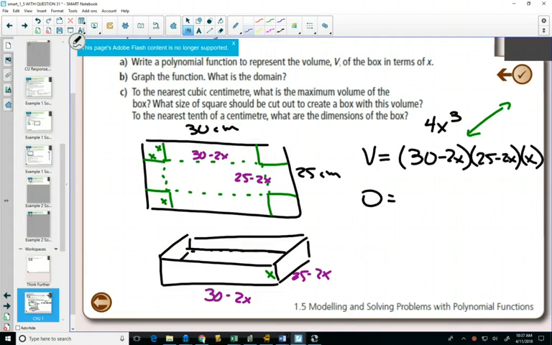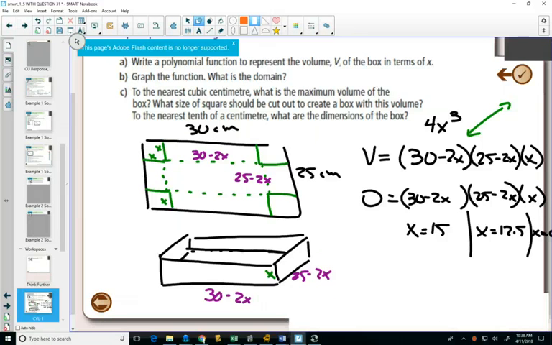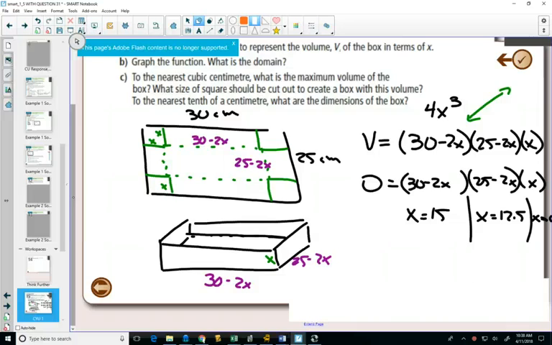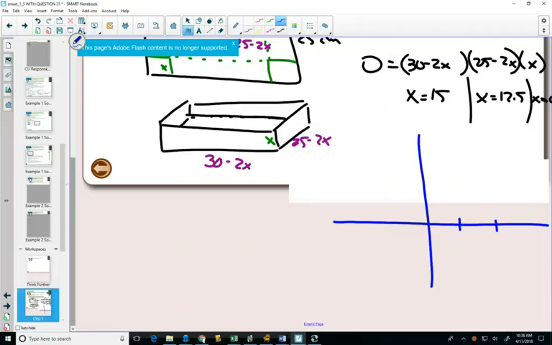If we set our volume equal to 0 to find our x-intercepts, we get x equals 15, x equals 12.5, and x equals 0. Going to graph this, 5, 10, 15.